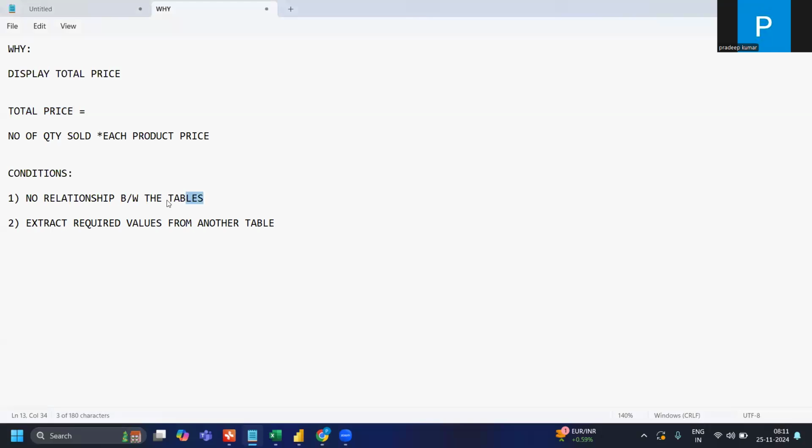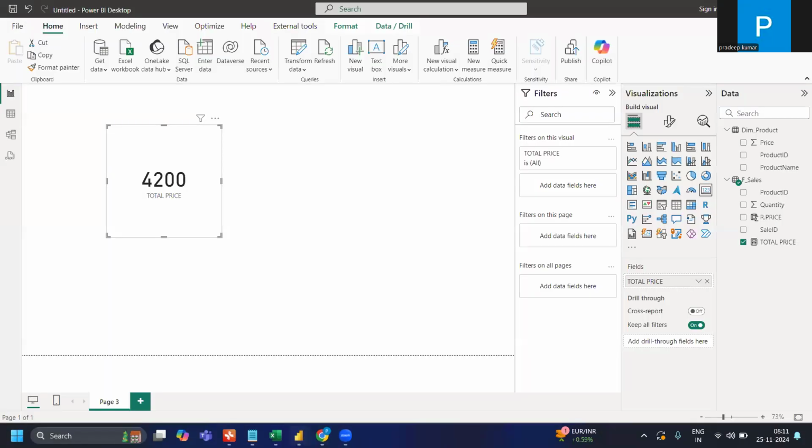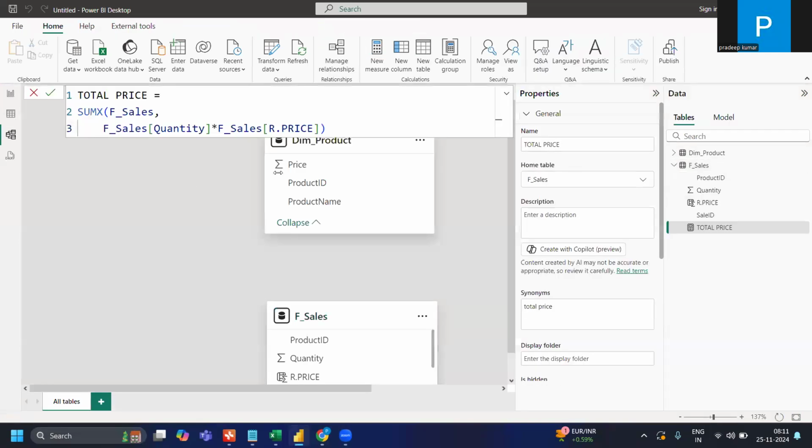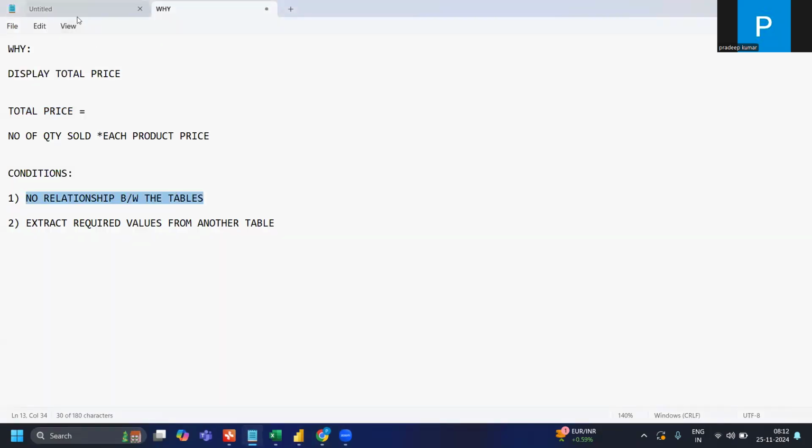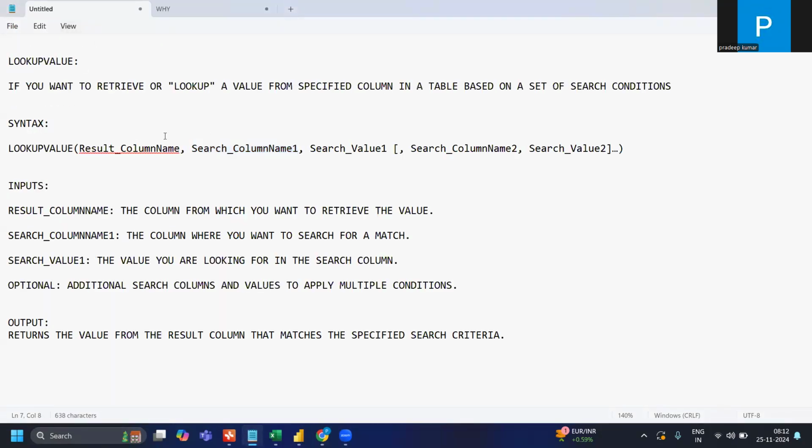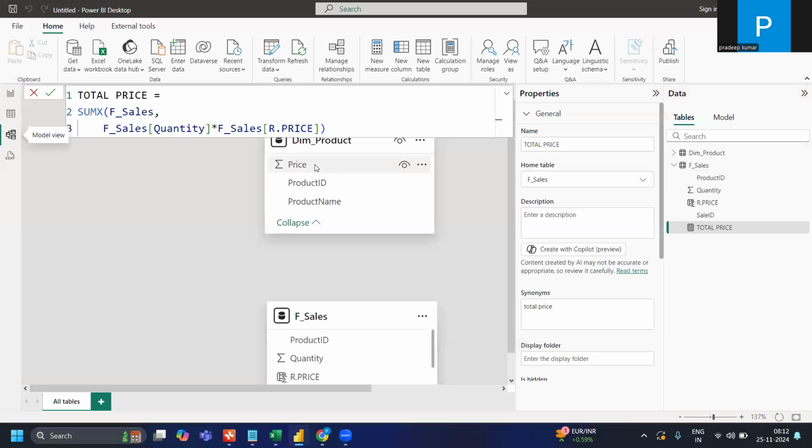There are two conditions. If you don't have any relation between the tables, and also if you want to extract values from another table, then you can go with the lookup function. The result column here is the price column from the product table.